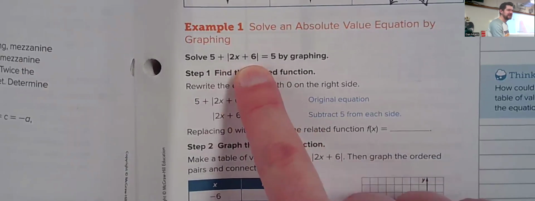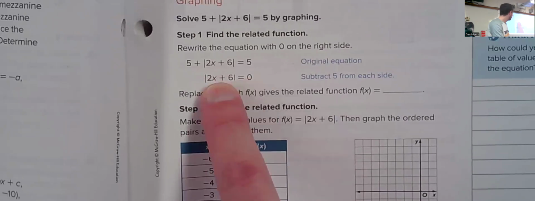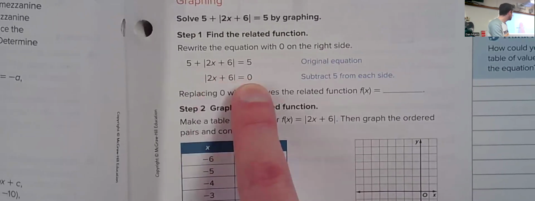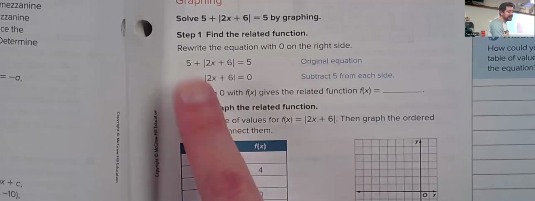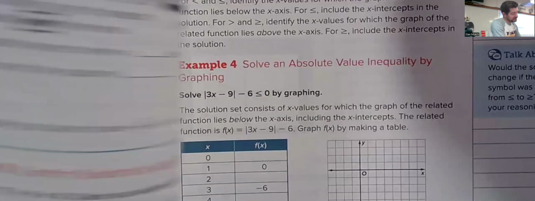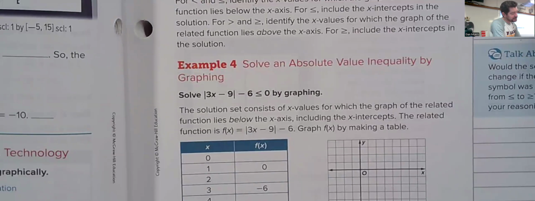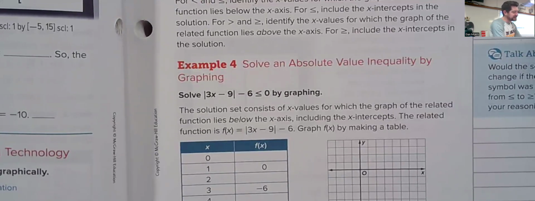Does that make sense so far? Because if you get the absolute value isolated here, you're going to subtract 5 from both sides. And the absolute value of 2x plus 6 is equal to 0. And so it just so happens that it equals 0. But isolating the absolute value is going to be a good thing to do here. Now, that is something that we certainly can do. And gosh, there's 2 ways to do this.